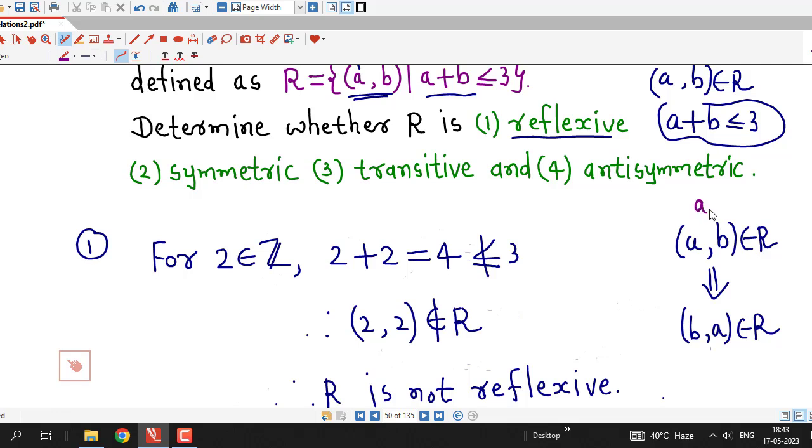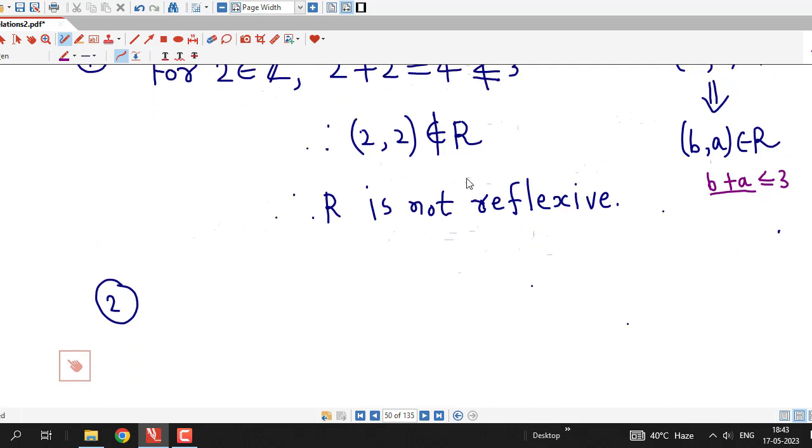Now (A, B) belongs to R if A plus B is less than or equal to 3, and (B, A) belongs to R if B plus A is less than or equal to 3. And we know that the addition operation is commutative, so if A plus B is less than or equal to 3, we can say that B plus A is also less than or equal to 3. Therefore this relation is symmetric.